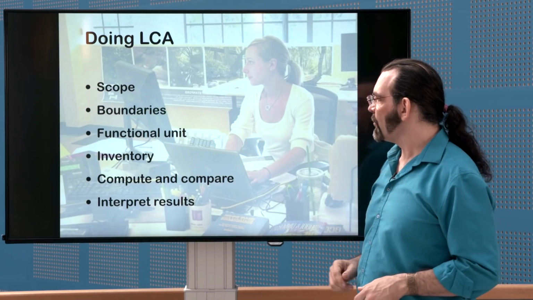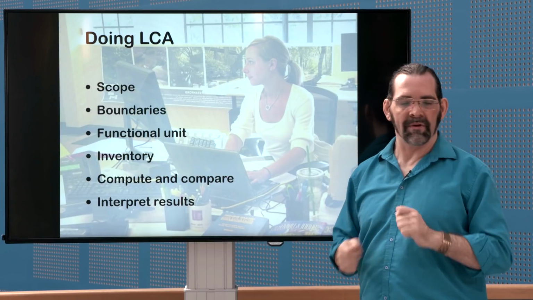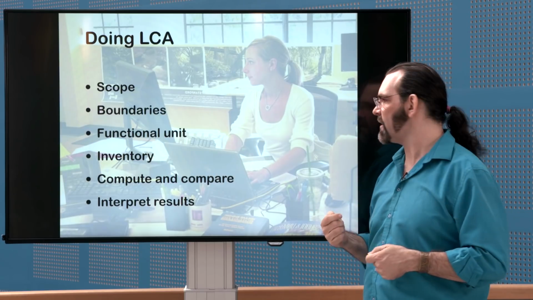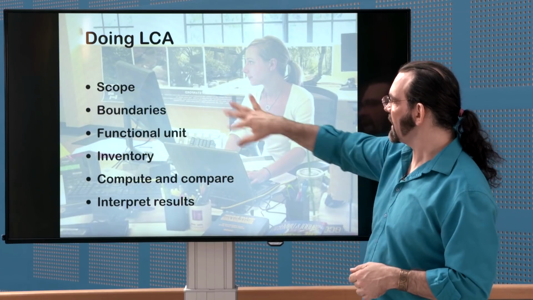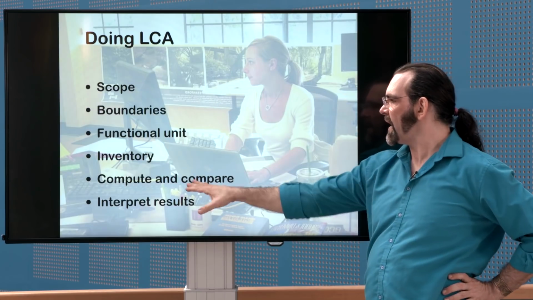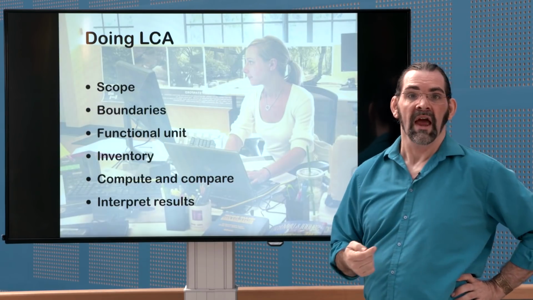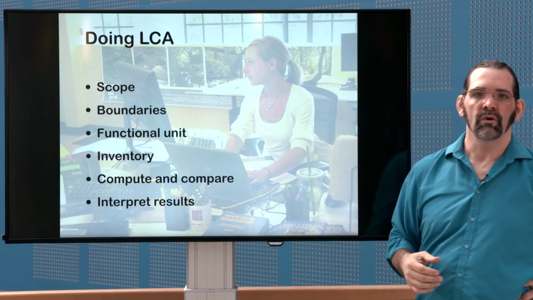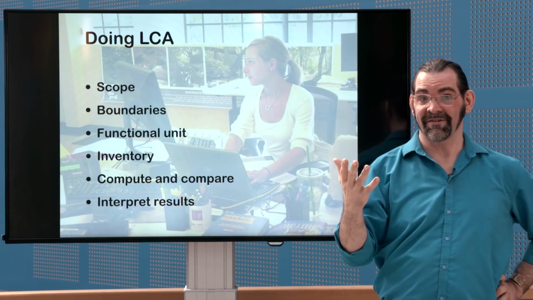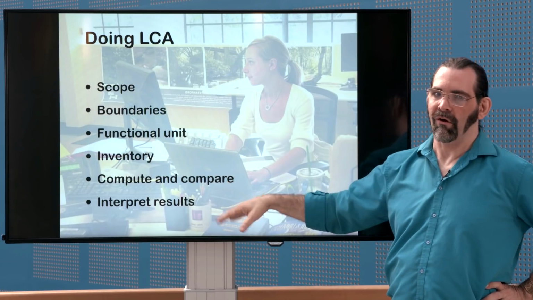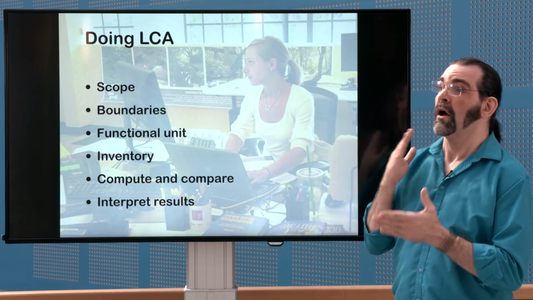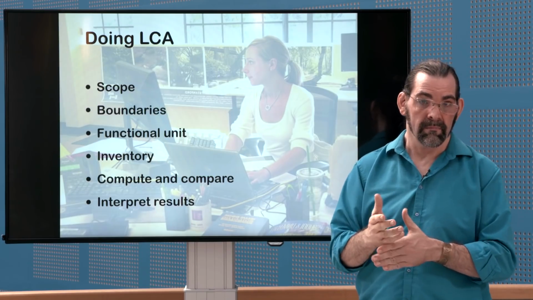And then the inventory, this is the nuts and bolts where you're actually gathering all the materials and manufacturing data. This is where all the data entry happens. And then you make your computations and you compare the impacts. And then finally, you have a critical thinking step where you look at all the graphs that you got from your computations and you decide, okay, what does this really mean?